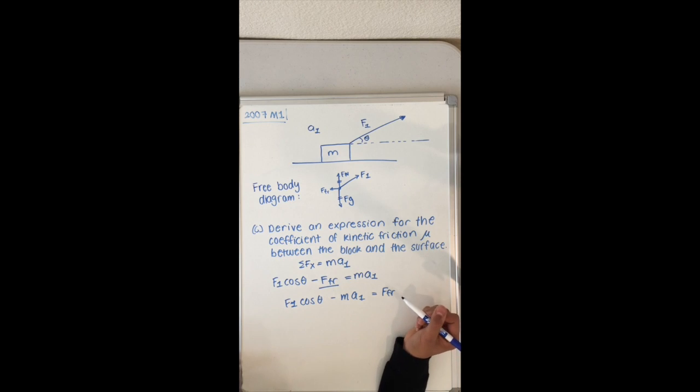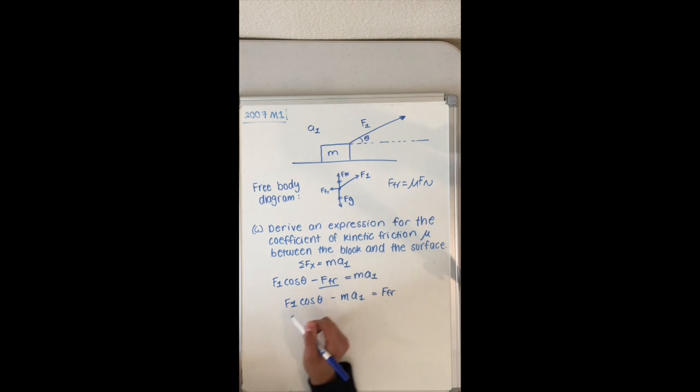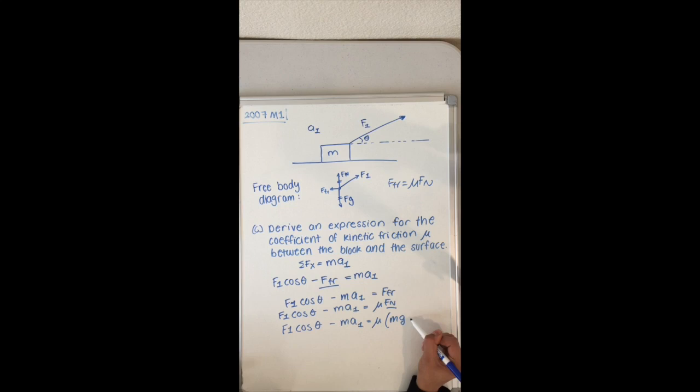Now we also know that the force of friction equals mu times Fn. So we can write that down, F1 cosine theta minus ma1 equals mu times Fn. And we know Fn because we calculated that in the previous question, B. So we can write F1 cosine theta minus ma1 equals mu times mg minus F1 sine theta.